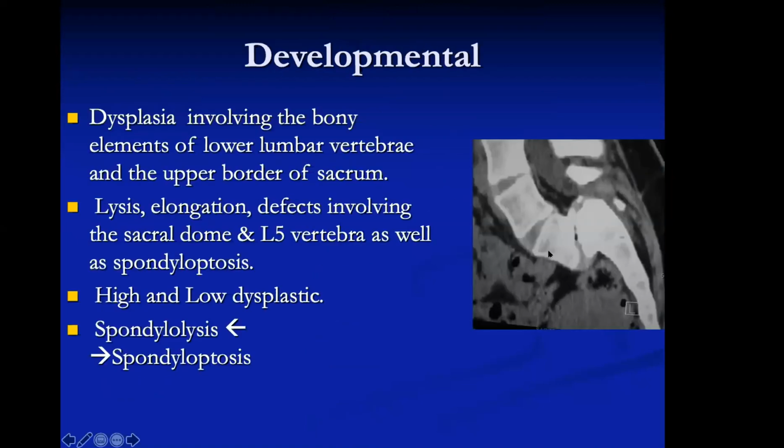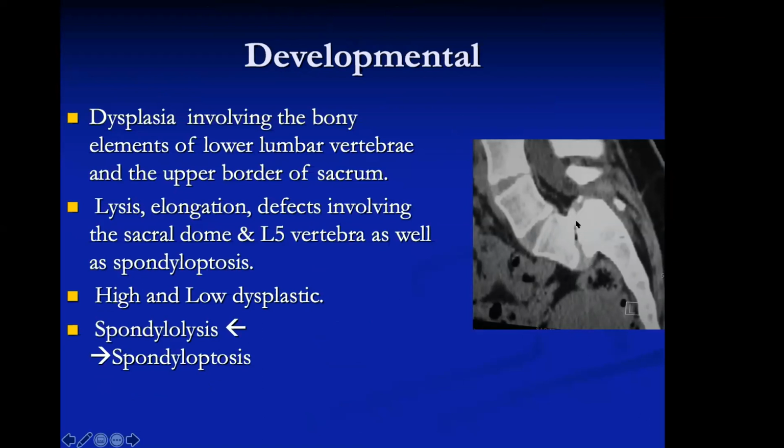You see here in this particular picture, look at the L4 vertebral body and look at L5. L5 is wedged, you can see. It is trapezoid in nature. The sacral dome, you see, is rounded. The more the rounding, the higher the chance of a slip. It's very easy to imagine. It's like the surface of a ball.